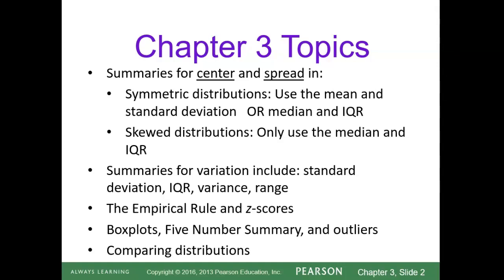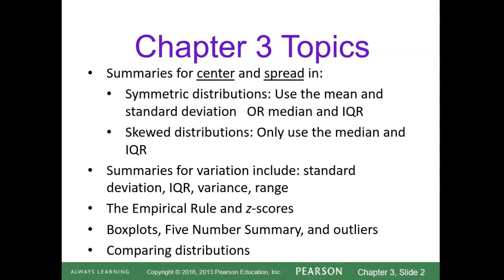So the topics we'll cover here are summaries for the center of the distribution and the spread for both symmetric and skewed distributions. We'll look at summaries for variation. Of course, we've already got the variation included up above in the spread, but we'll look at both variability and the center of the distribution.